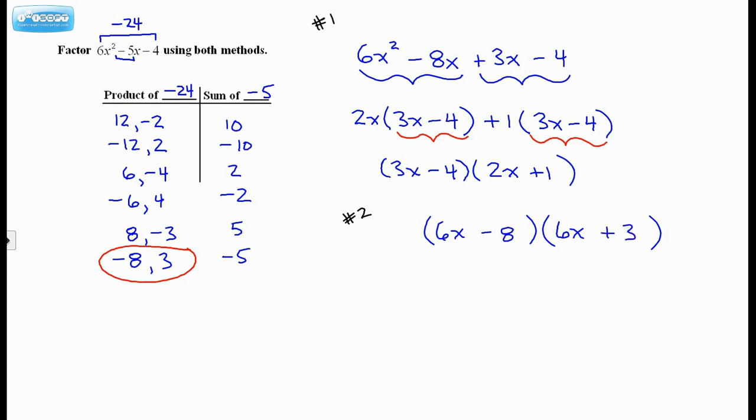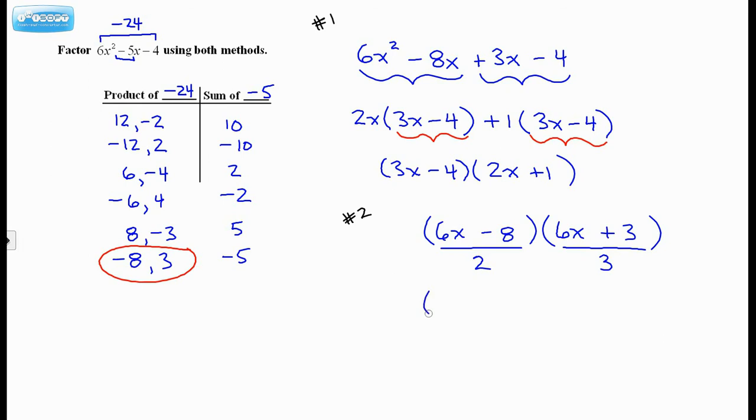Not quite done. I need to look at each set of binomials, and I have to divide out anything that the terms have in common. So between a 6x and a negative 8, I can divide out a 2. And between a 6x and a 3, I can actually divide out a 3.